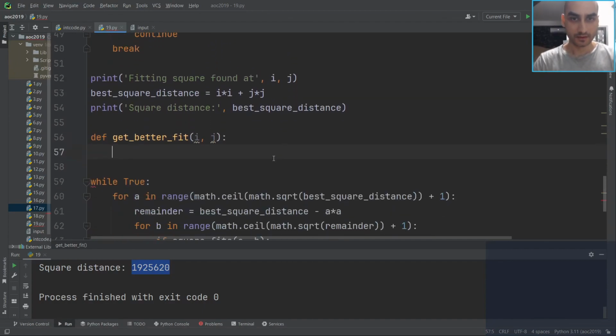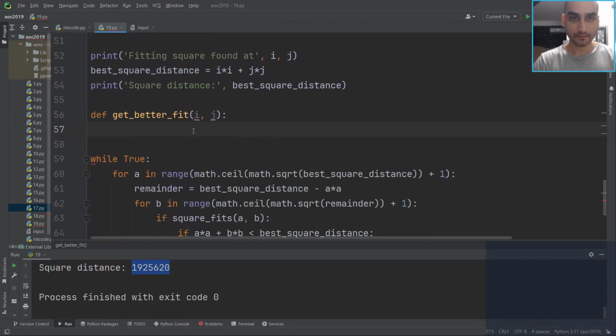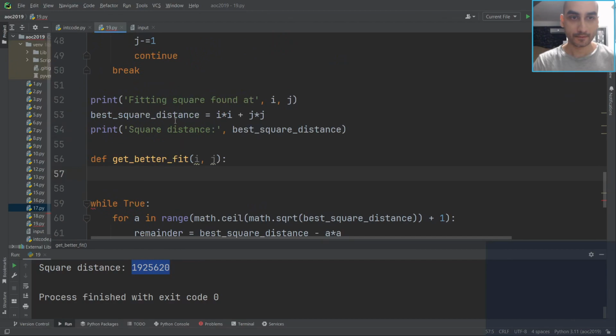Okay, so we say square distance equals i times i plus j times j.